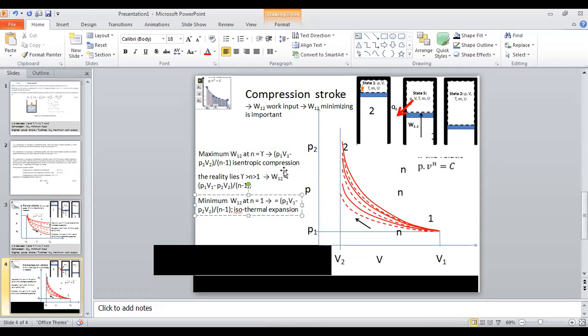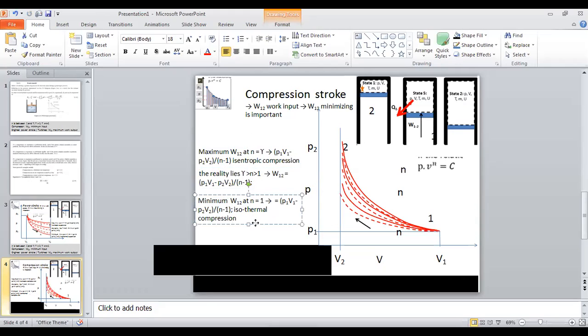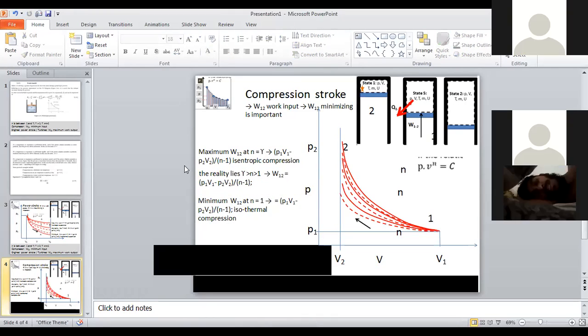This is the minimum W1. Compression. So anything in between like this. Okay. So it's the same thing. Minimum W1, maximum W12.